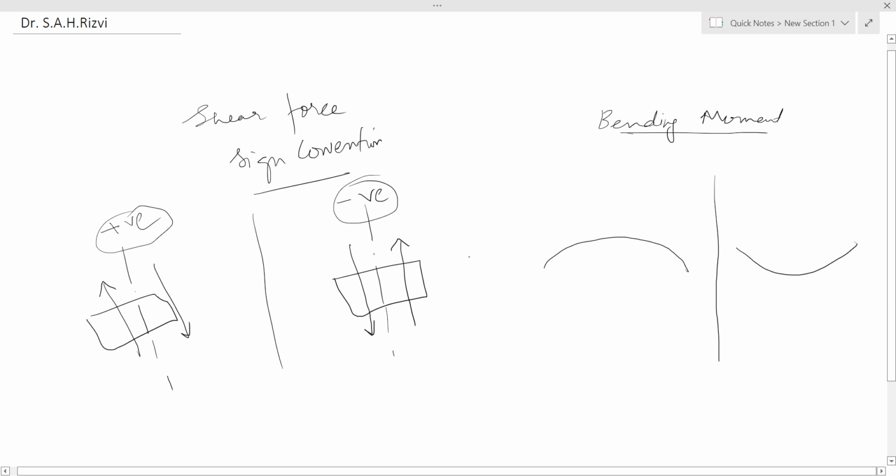This is hogging condition, and in this case the moment will be acting downward and this is considered as negative. While in sagging condition the beam is bent upward, sagging, and this will be considered as positive.